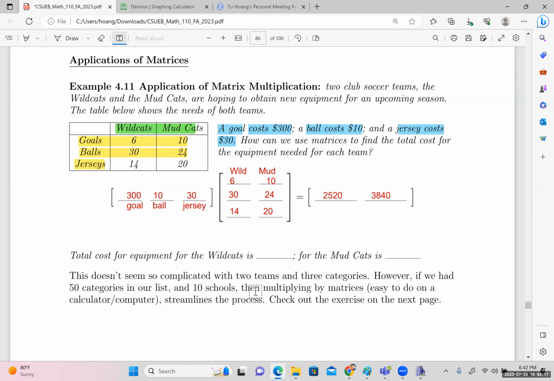So you can think like 300, 10, 30, multiplied by 6 plus 10 times 30 plus 30 times 14, right? What is it going to be? 2520, okay?